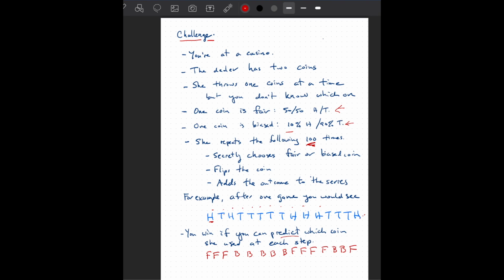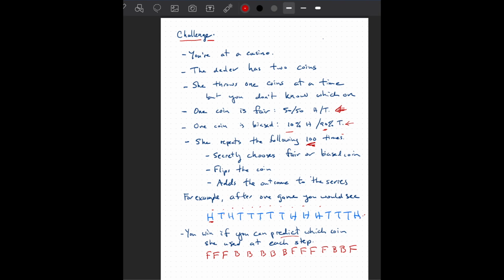She could have switched, but maybe it's still the fair coin. And then a heads. And then a long series of tails. So either she used the fair coin and just got lucky to throw 5 tails in a row, or she switched to the biased coin because there, 90% of the time, the toss is actually a tails.